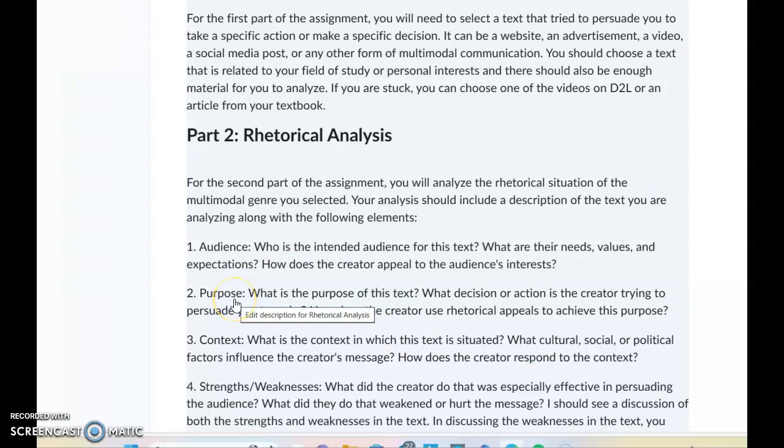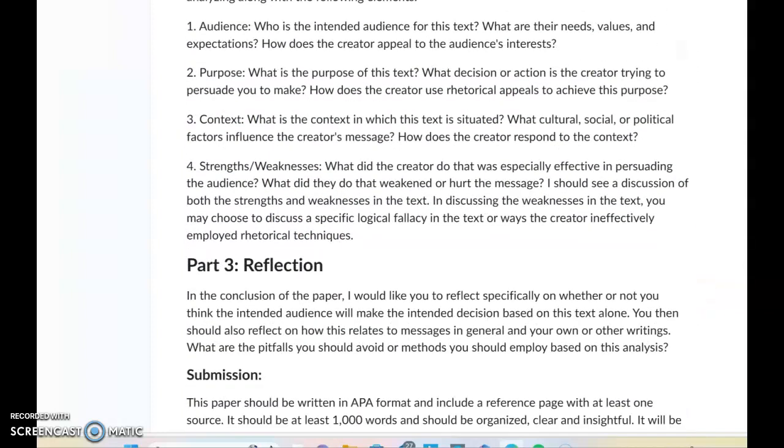They should have a specific purpose, there should be a context, and you should talk about the strengths and weaknesses, including how they used ethos, logos, and pathos. I am not asking that you discuss a specific logical fallacy if you don't see one or can't make a case for one, but I am asking that you discuss weaknesses in the text.